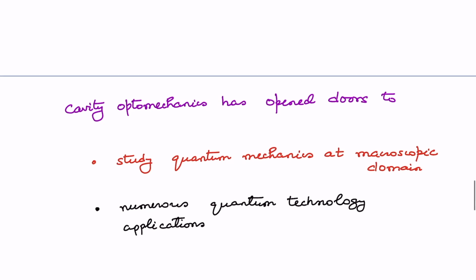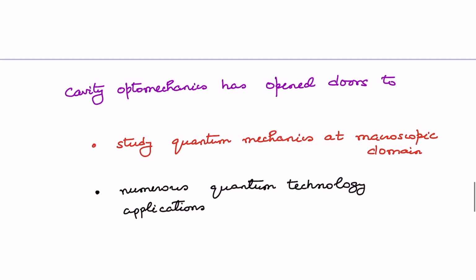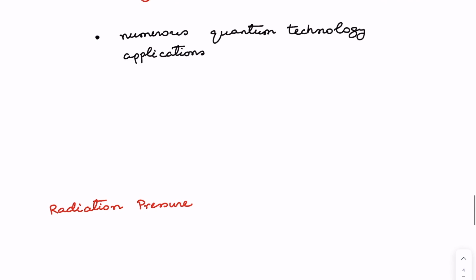At the core of a cavity optomechanical system is the coupling of mechanics to light, and it happens through the so-called radiation pressure. Now we are going to understand what radiation pressure force is.